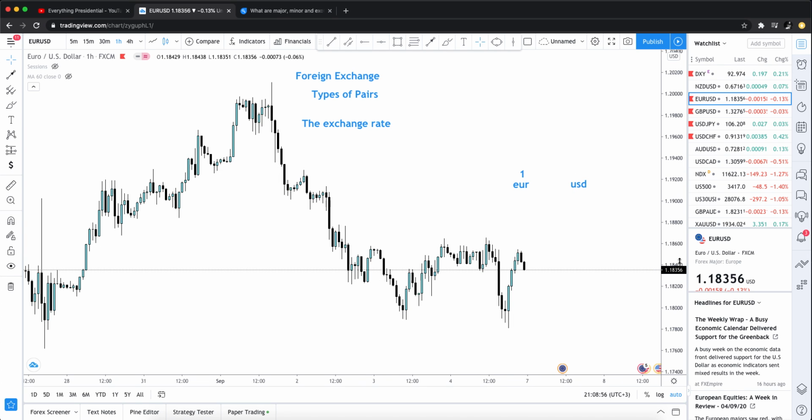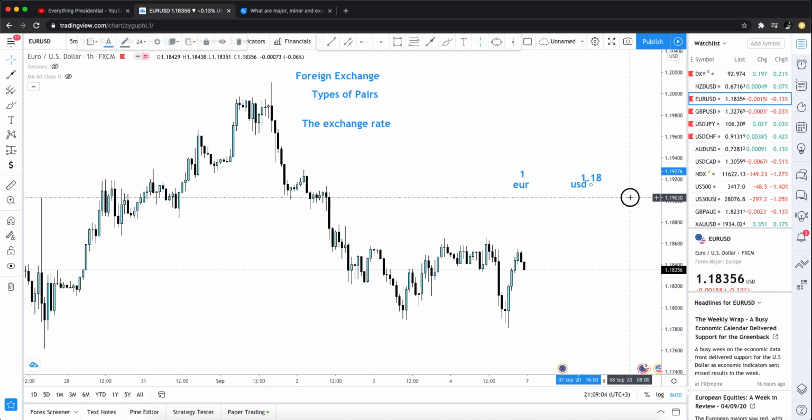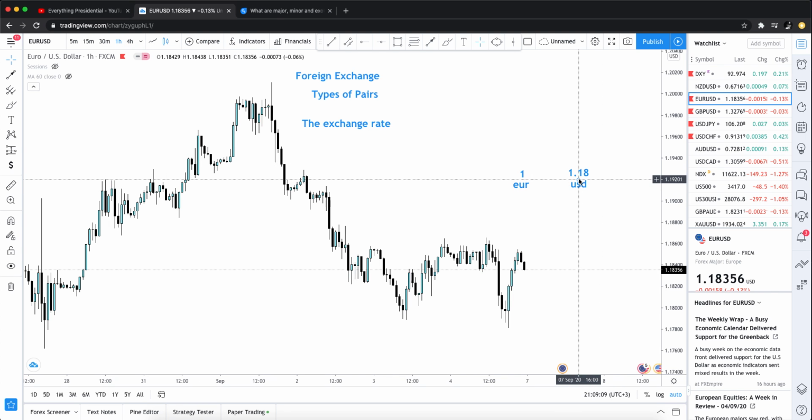Right here, 1.18356. So 1.18, okay? You are paying 1.18 US dollars to get 1 euro. So you are selling your US dollar and you are buying a euro. So always in a pair, you are buying the base currency and you are selling the quote currency, okay?